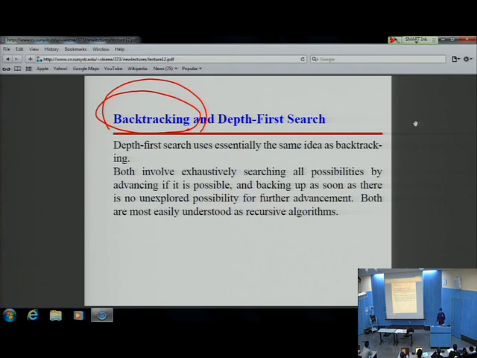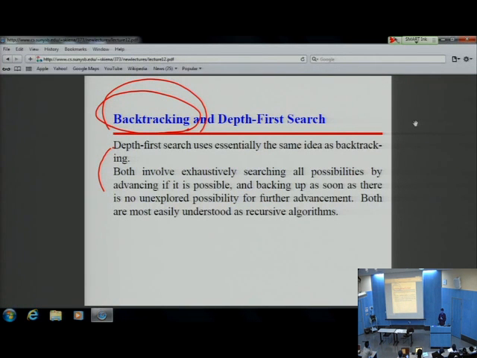The interesting thing is that when we get to backtracking, that is going to be the exact same idea as depth-first search. The difference is that we're not going to have the whole graph in advance. But otherwise, it is essentially depth-first search on a graph.